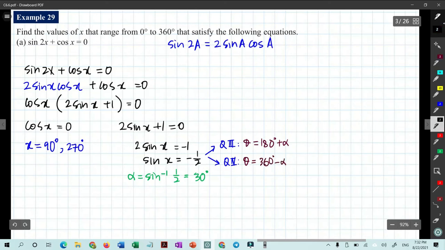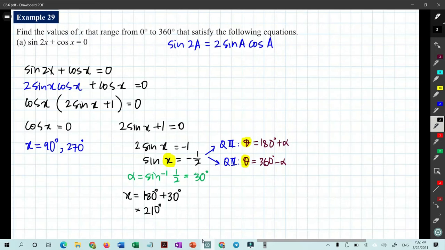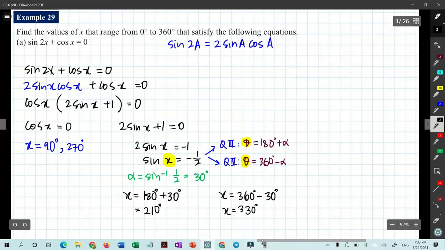Okay, now let's find the value of x. So x is actually equivalent to theta. So for quadrant number 3, x equals to 180 plus 30. So we get 210 degrees. And for x in fourth quadrant, x is equals to 360 degrees minus 30, and the value of x is 330 degrees.